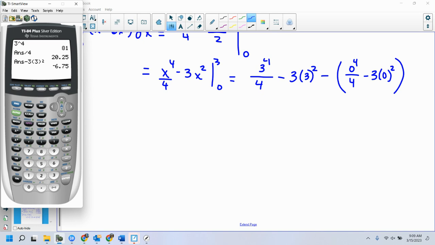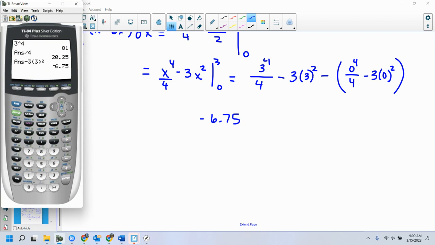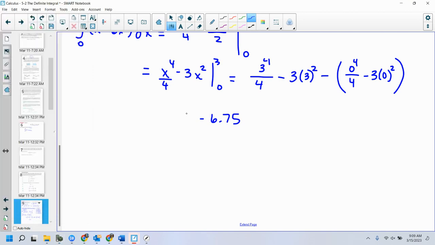That's not coming out good. Negative 6.75. One over 4 minus 27. Yeah, I guess so.